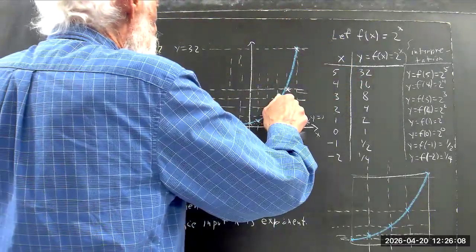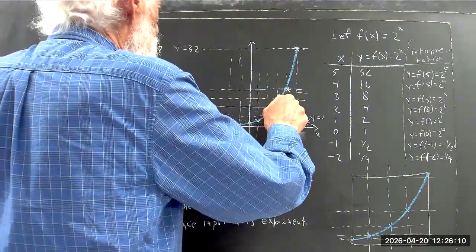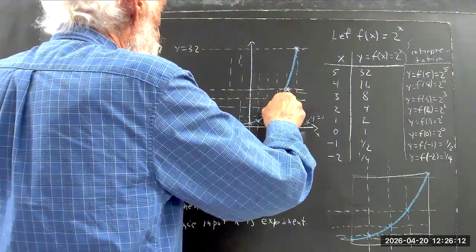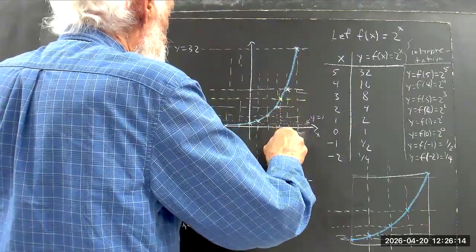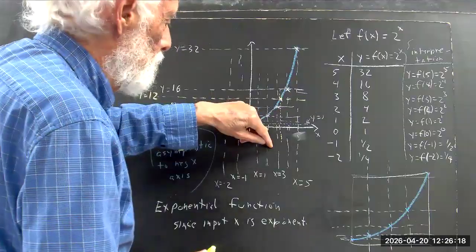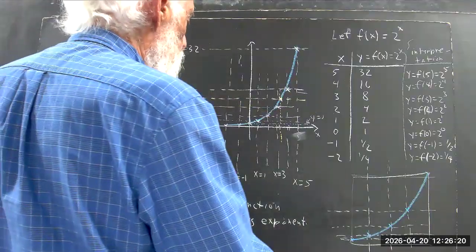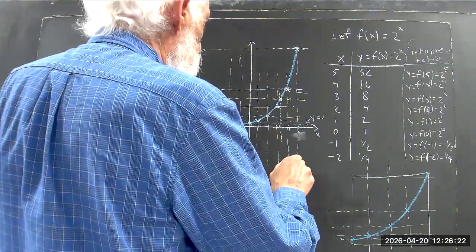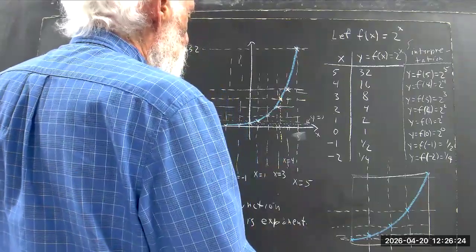Well, I see that this y equals 12 line intersects the graph here, and I can draw a vertical line here. It's between x equals 3 and x equals 4. So I can label the x equals 4 line here if I want to.